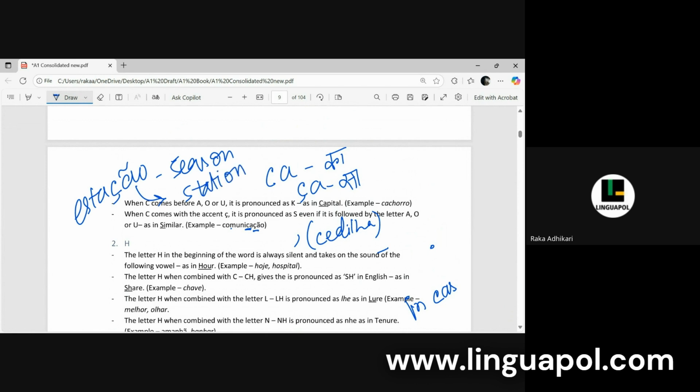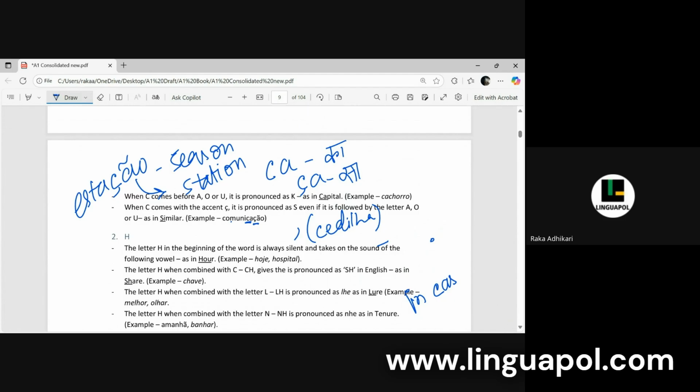It has two meanings, okay? Estação can mean season. It can also mean station. For example, coração. Coração means heart. I want you to keep noting these words. So we did 3 words till now: comunicação, estação, and coração.